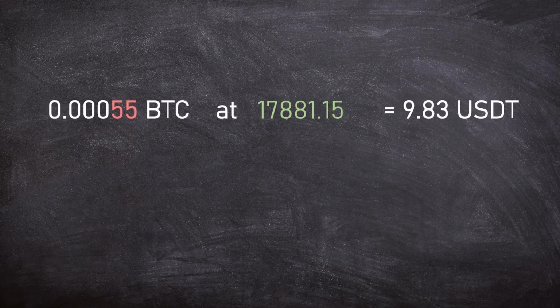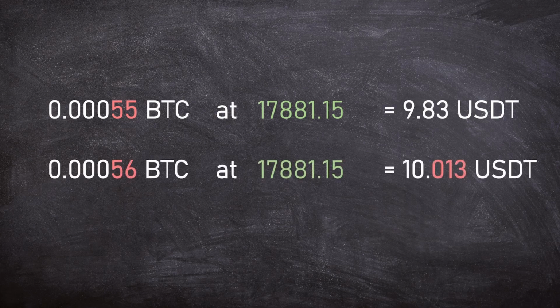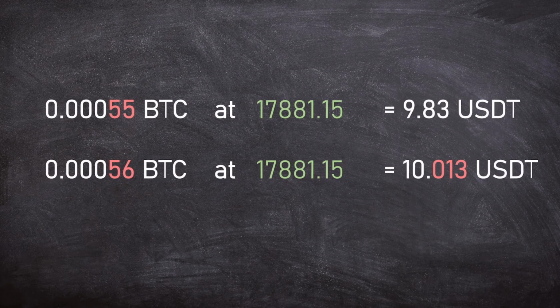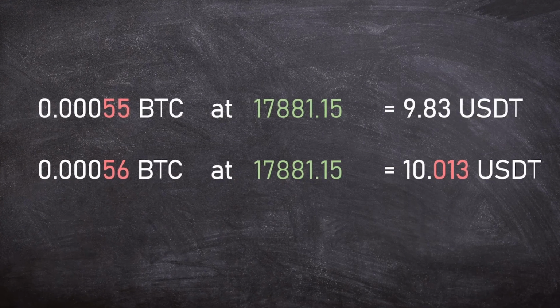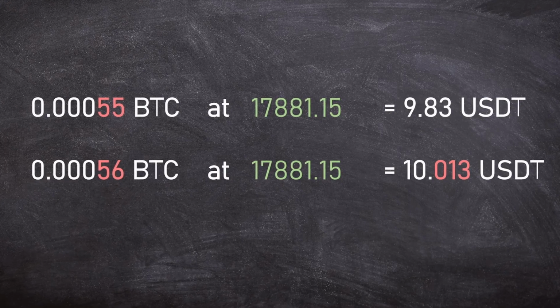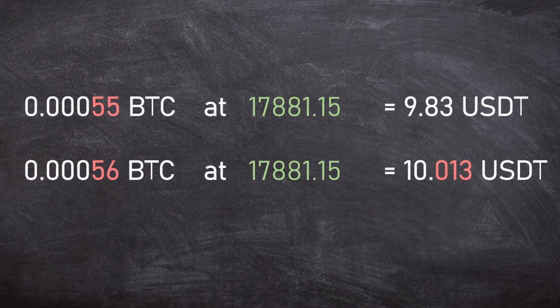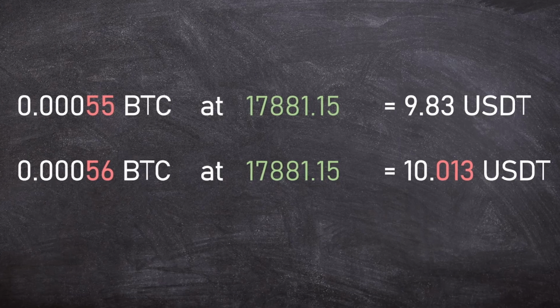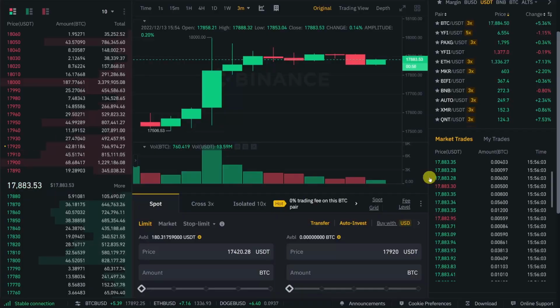Apparently 10 USDT was not enough to get me 0.00056 BTC. I would have needed a bit over 1 cent more. Mystery solved, lesson learned. Even the minimum order is not always filled exactly, so next time I would add a bit more on top of the minimum.